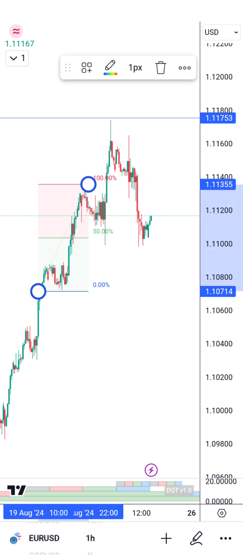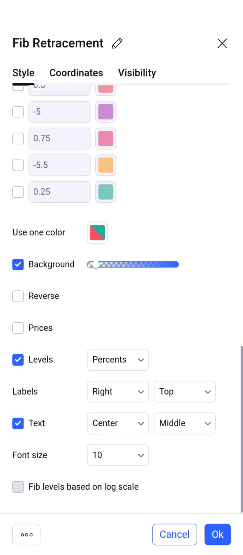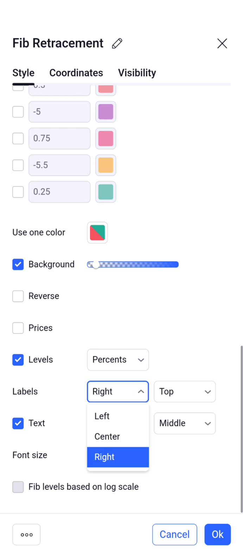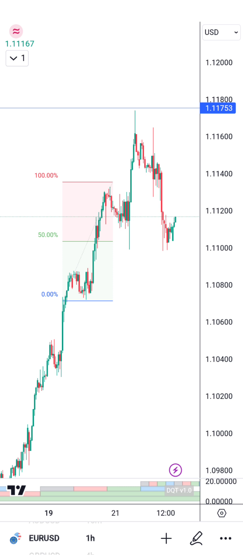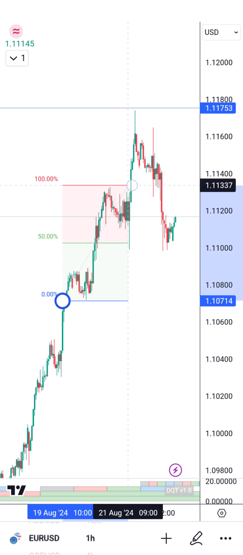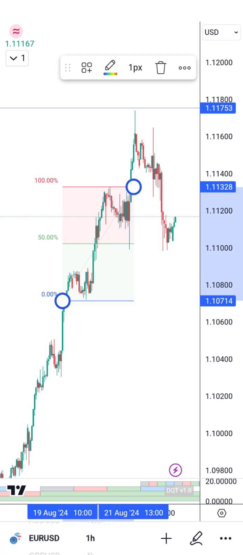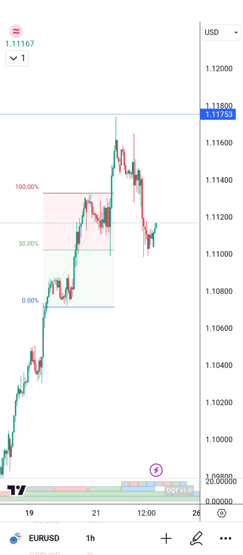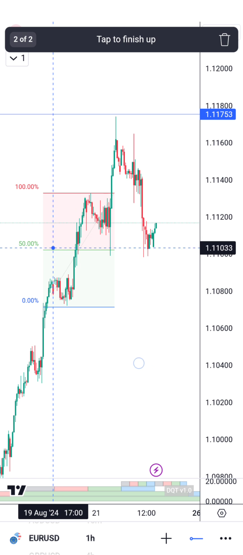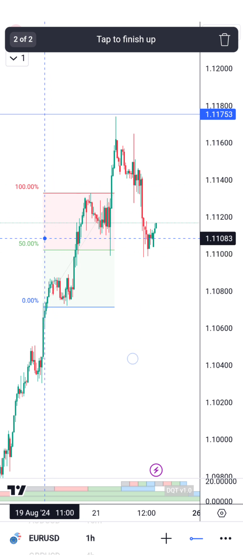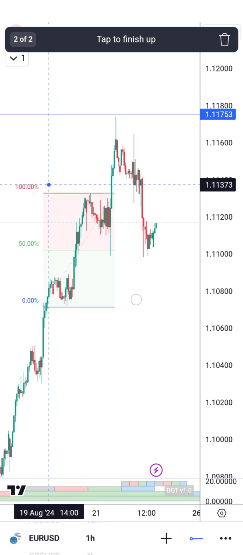Let me change the labels to the left. Good. Look at something here. If this is our dealing range, from this high to this low, that is a range, right? Let us say we want to project price upward by half a standard deviation, which means we want to see price travel half of this range upward, and that will be our profit objective.